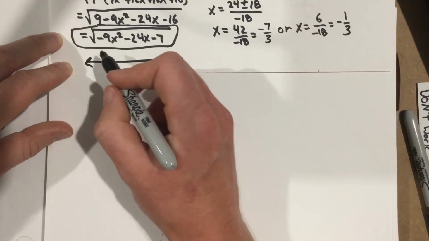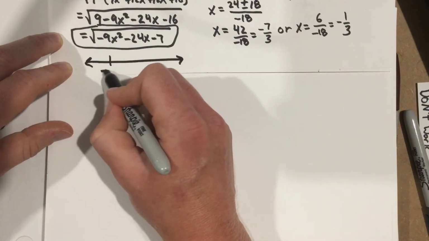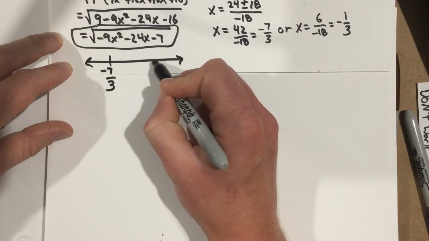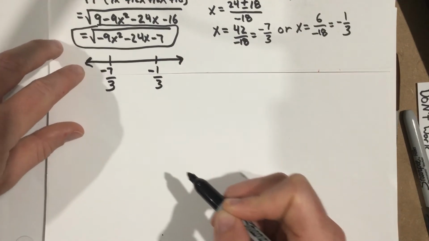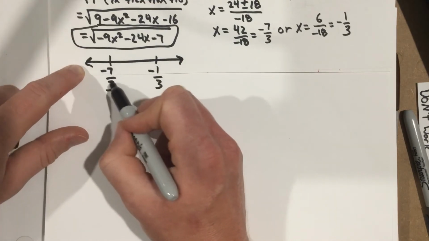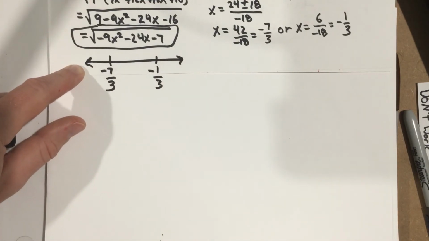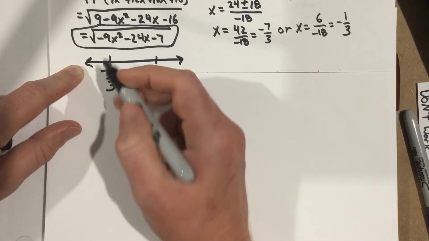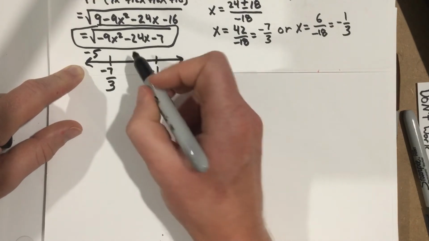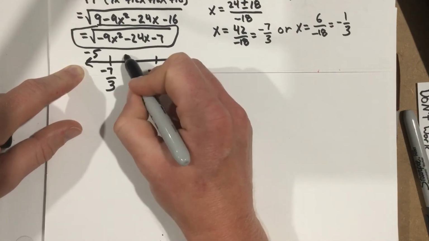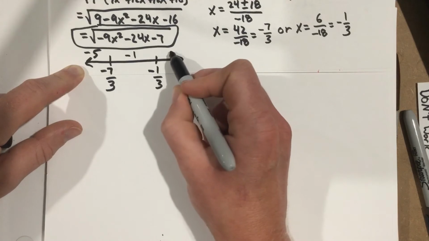Mark -7/3, which is a smaller number, right? Mark -1/3. And we're going to pick a number. -7/3 is about -2.33, I think. So let's pick -5 out here. We'll pick -1 because that's in the middle here. And then let's pick 0 out here.